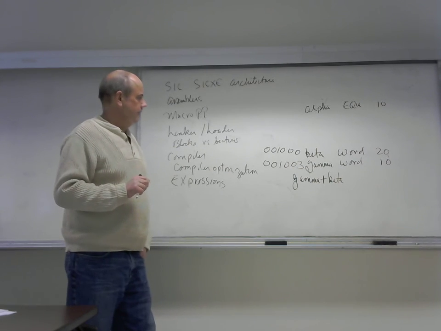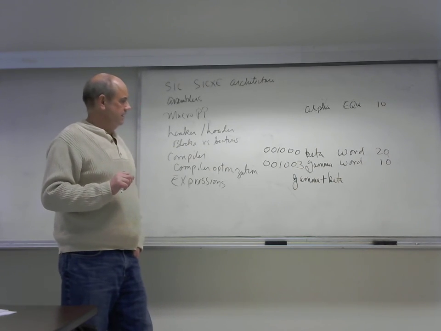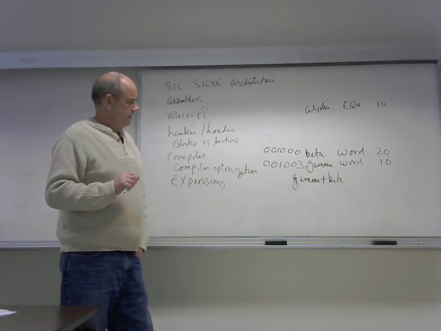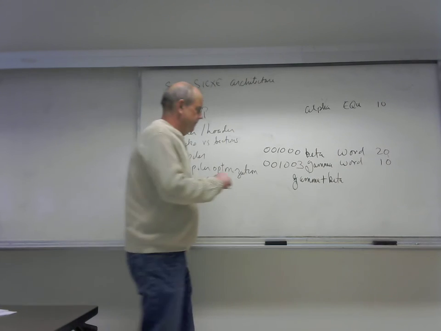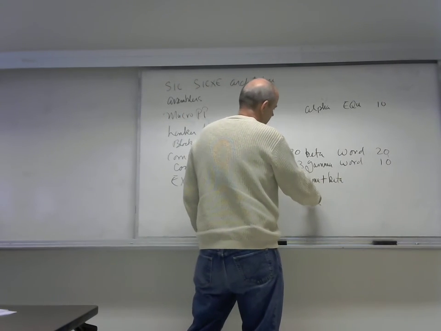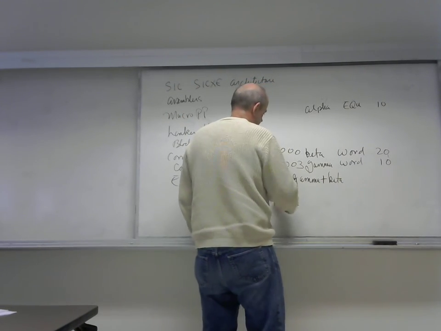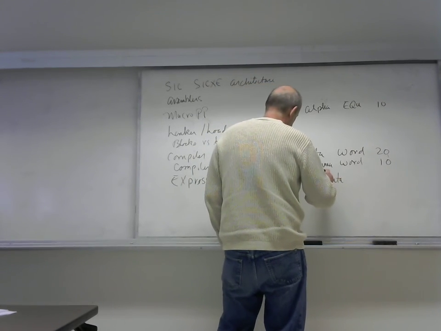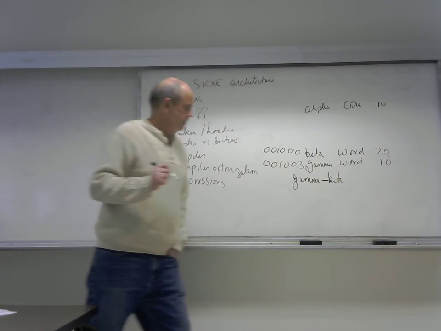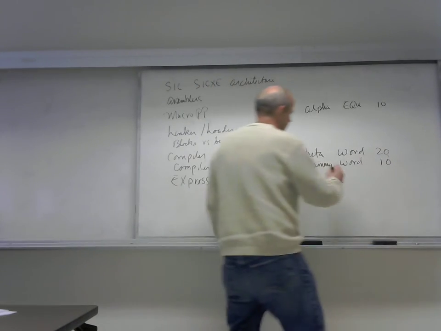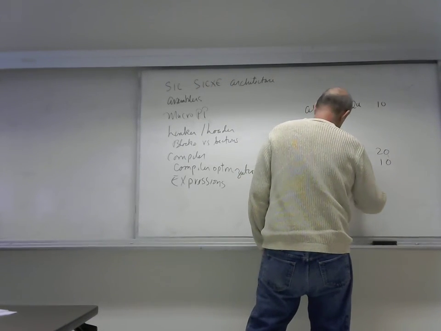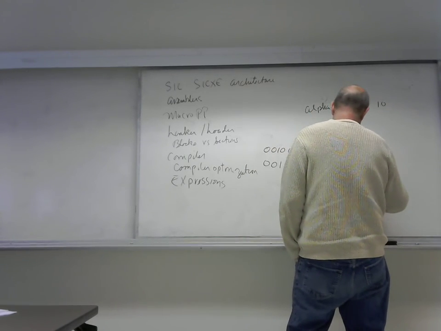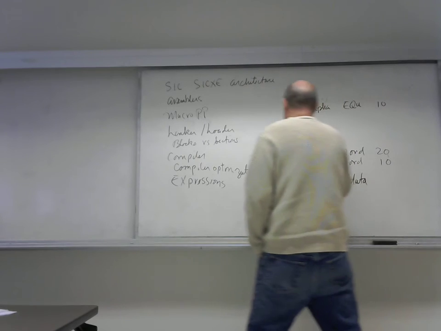Similarly, what if I have gamma minus beta? That's okay. Minus, well, I need another variable for label here.